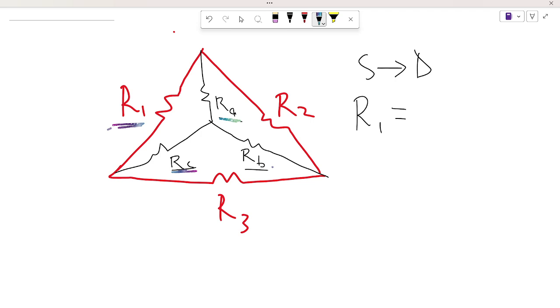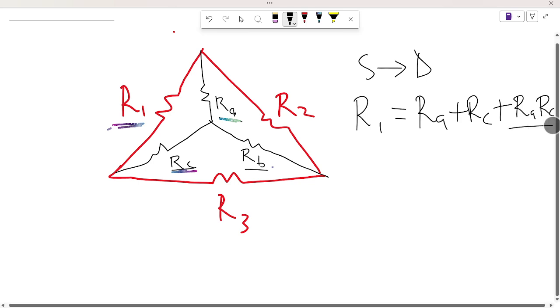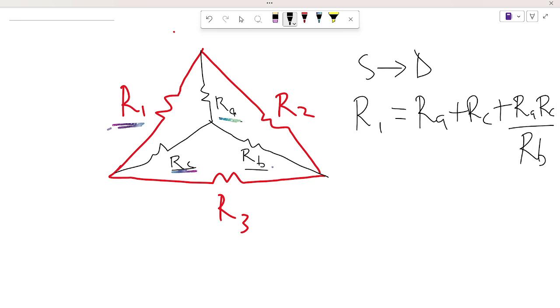First we add the ones that are adjacent, so that's RA plus RC, then plus RA times RC, all over the last one that we didn't consider, that's RB. So that's how you can convert from star to delta.